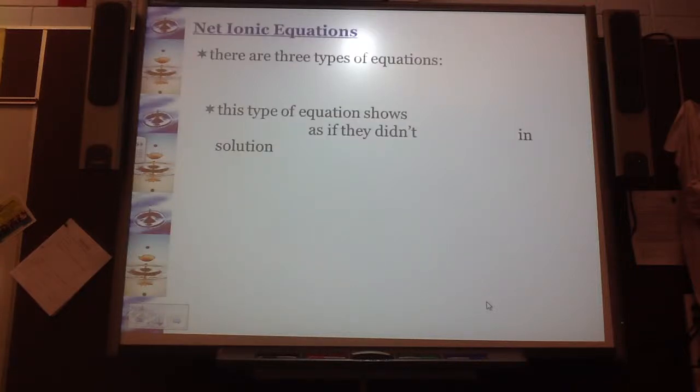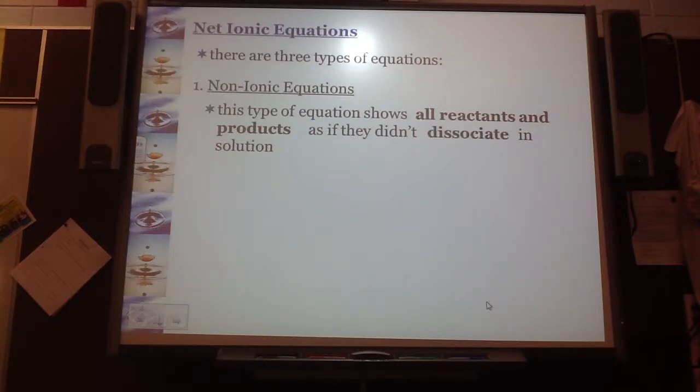So there's three types of equations when we're talking about net and ionic and things like that. The first one is a non-ionic equation. This type of equation shows all reactants and products as if they didn't dissociate in the solution.